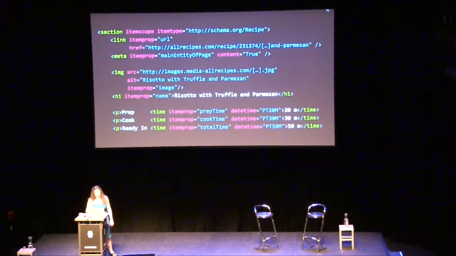So we've seen how the image and the title are extracted. This is how all the times are extracted: the prep time, the cook time, the ready time. It's using a time element with a machine-readable duration and a human-readable duration inside the element. And like I said, in a time element, the data is in the datetime attribute, because we care about the machine-readable data when using these things.